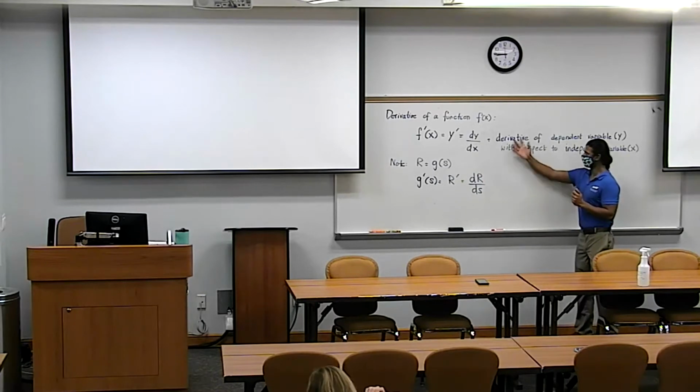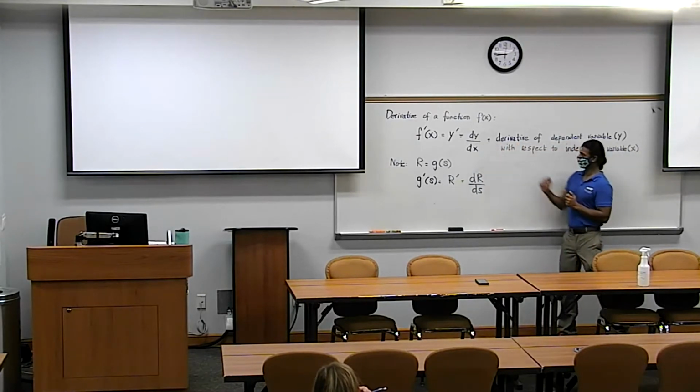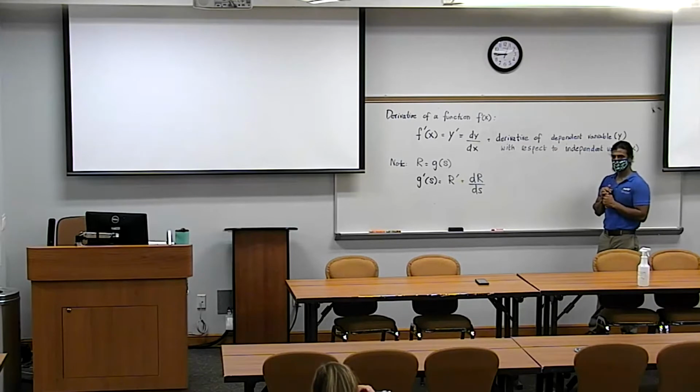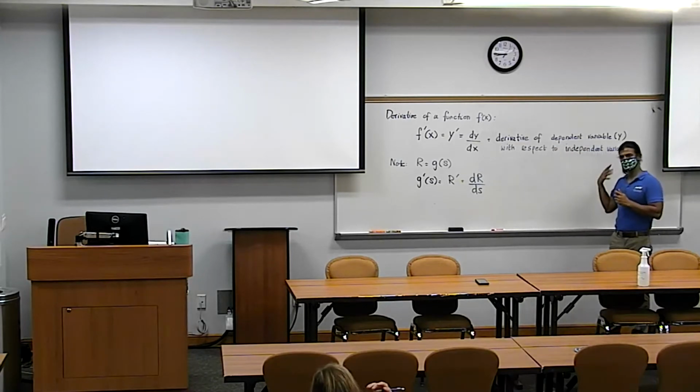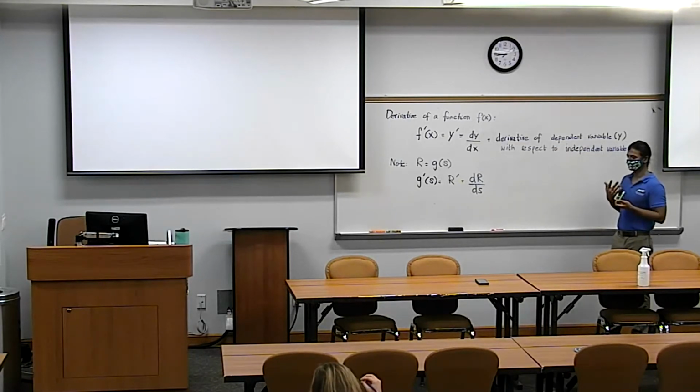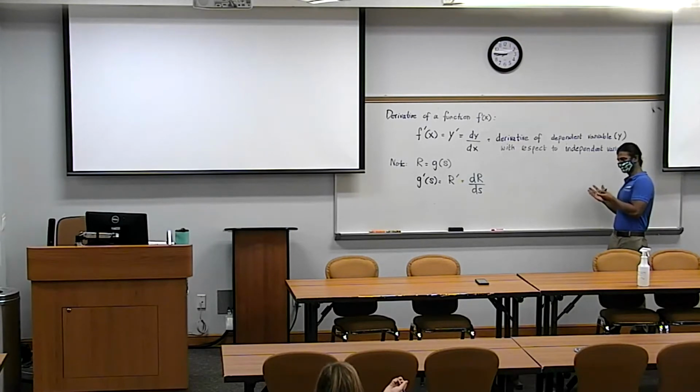I wrote this in words. dy over dx means this. So what would dr over ds mean? The derivative of the dependent variable with respect to the independent variable.